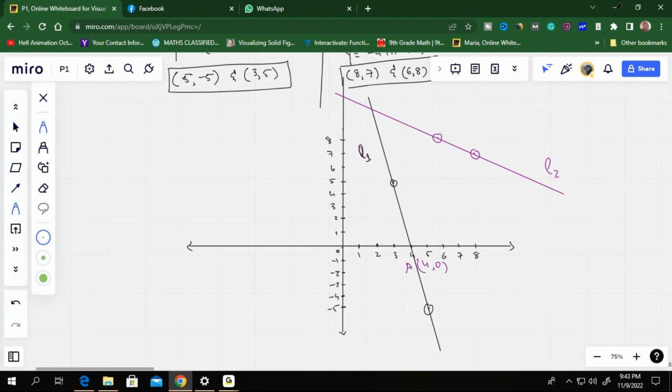It is 9, 10, 11, 12. As far as I can see, it is intersecting the y-axis over here. This is my B, and it has the coordinates 0, 12.